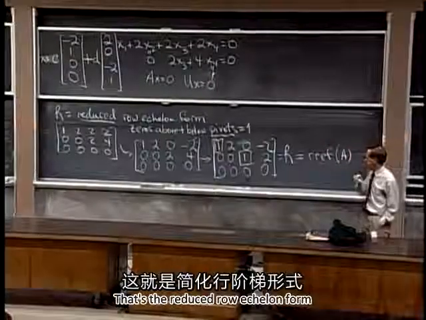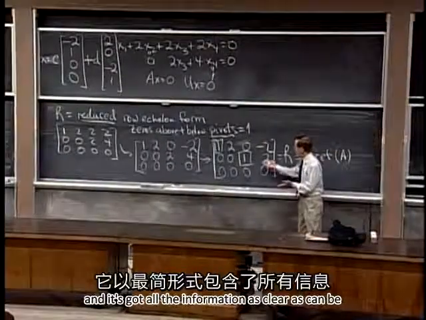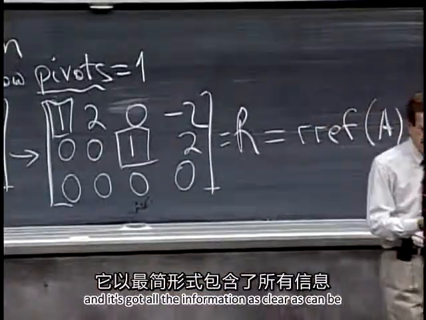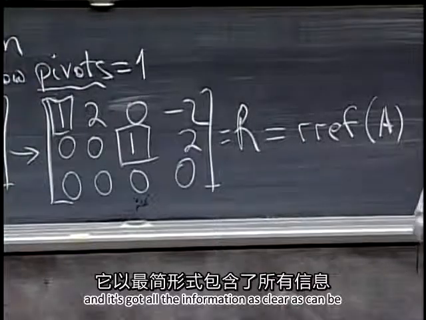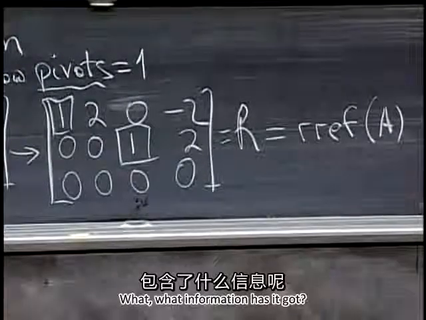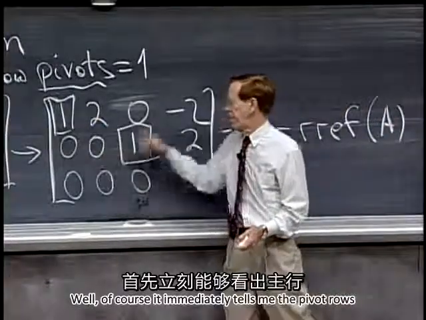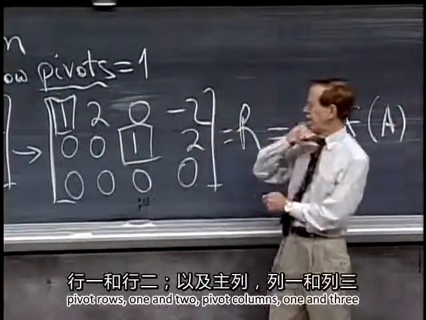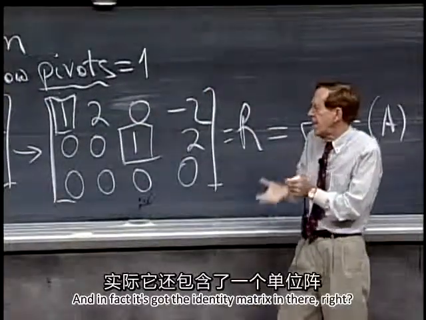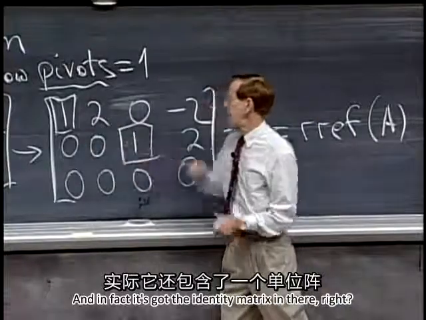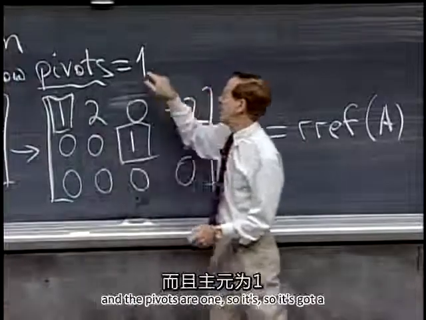That's the reduced row echelon form, and it's got all the information as clear as can be. What information has it got? Well, of course, it immediately tells me the pivot rows 1 and 2, pivot columns 1 and 3. And in fact, it's got the identity matrix in there, right? It's got zeros above and below the pivots, and the pivots are 1.